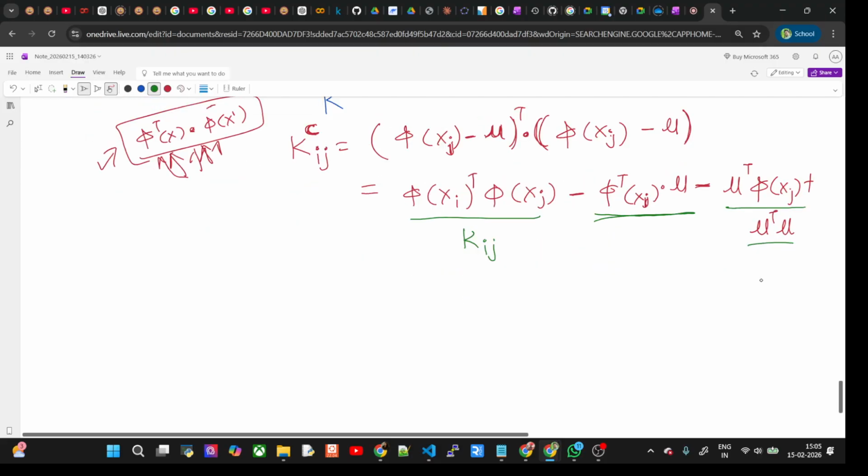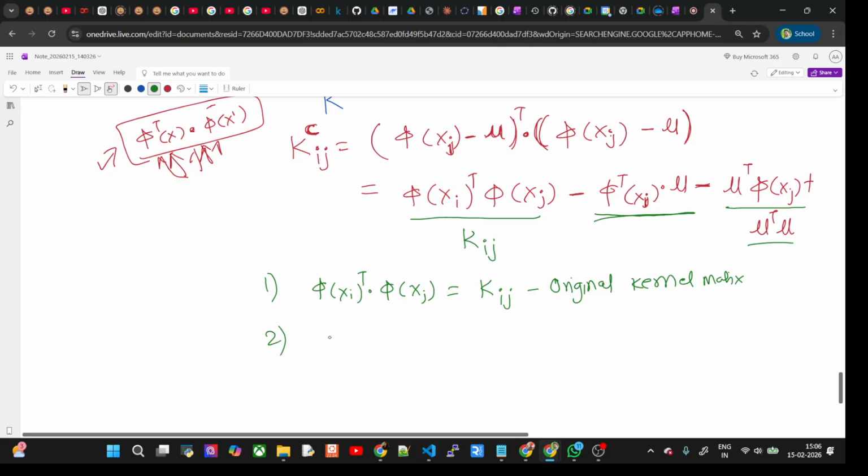So first, number one, the first term phi of xi transpose into phi of xj, I will write as it is. It's the kij kernel, the original kernel matrix, whatever you got.